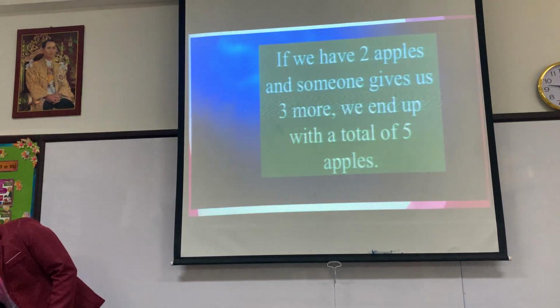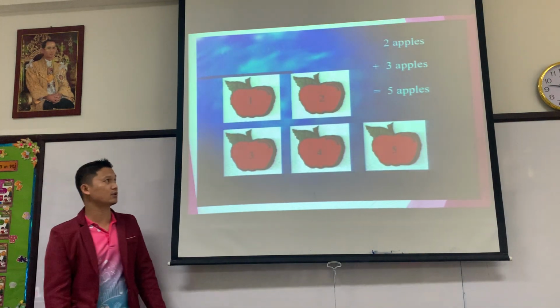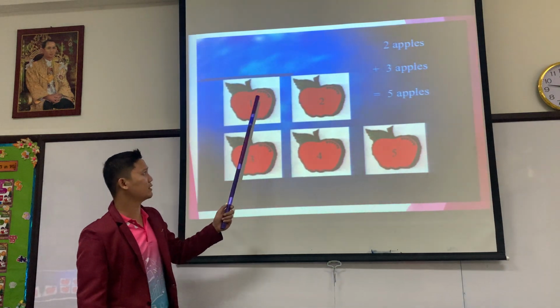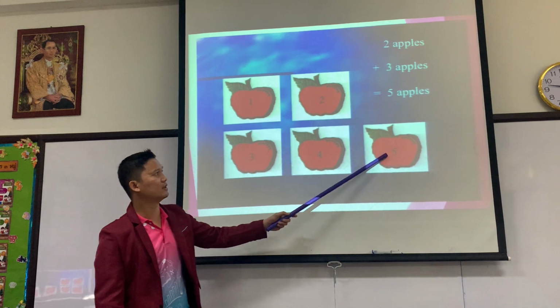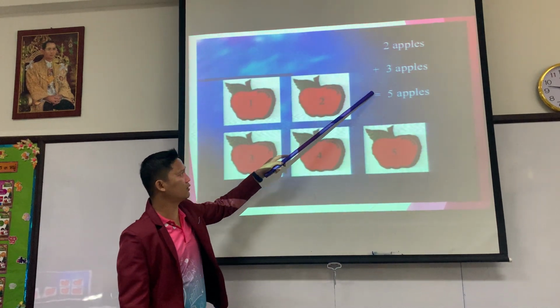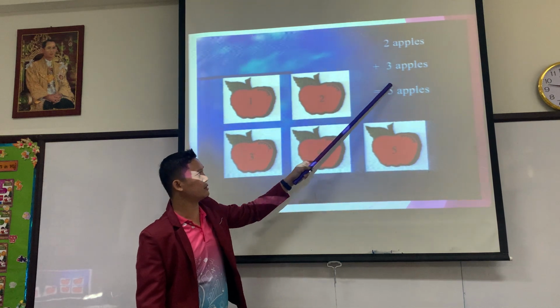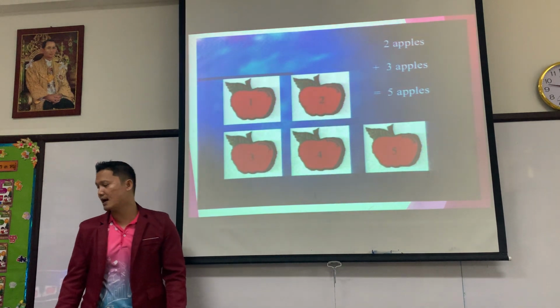All of that is 5 apples. Here, in the upper part we have 2 apples, and here we have 1, 3, 4, 5. So we conclude that 2 apples plus 3 apples equals 5 apples.